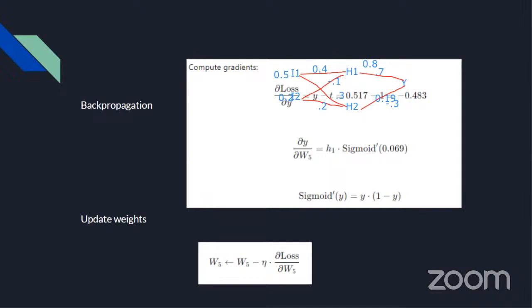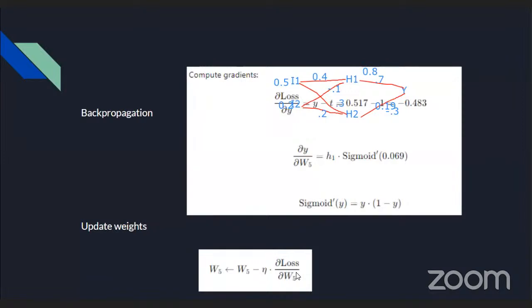So the updated weight will be calculated by the partial differential of loss with respect to that particular weight, whatever weight we are going to change, multiplied by the learning rate. Learning rate is a value which will be multiplied by this. Let's suppose it is 0.1 or 0.7.